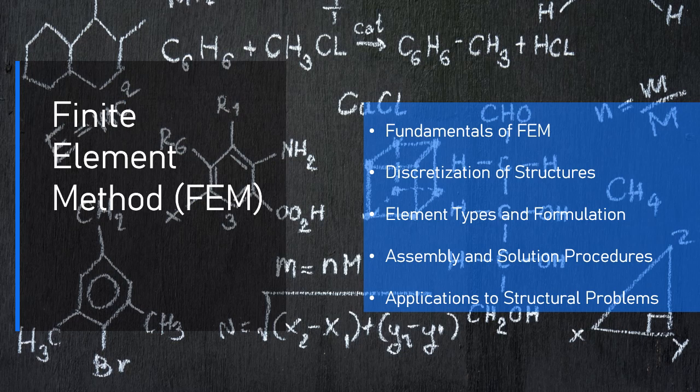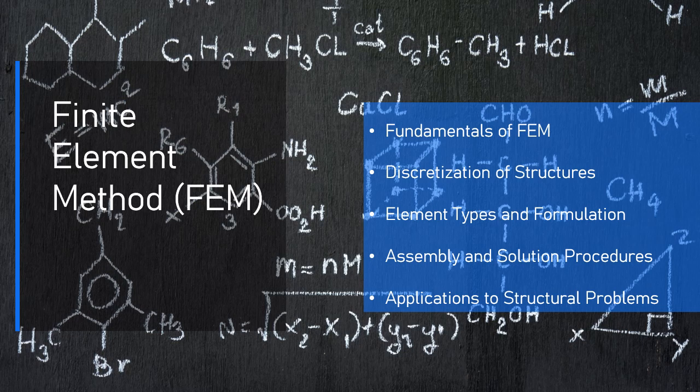Element stiffness matrix. For a linear truss element, the stiffness matrix is K equals EA over L times the matrix [1, -1; -1, 1], where E is Young's modulus, A is the cross-sectional area, and L is the length of the element.